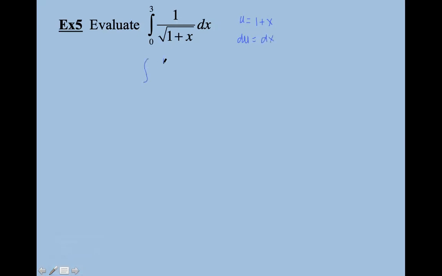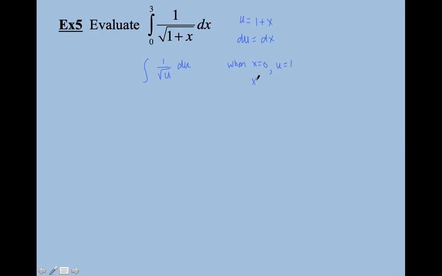It's the integral of 1 over the square root of u du, but remember we have to change our limits of integration. So when x equals 0, that's our lower limit of integration, u is going to be equal to 1 plus 0, which is 1.